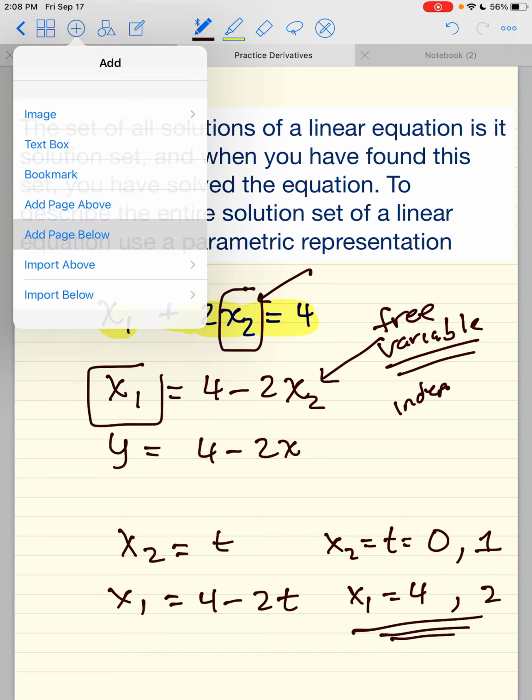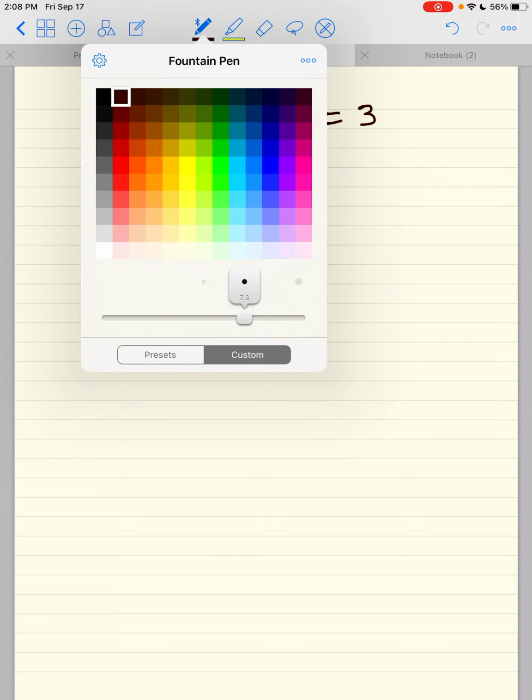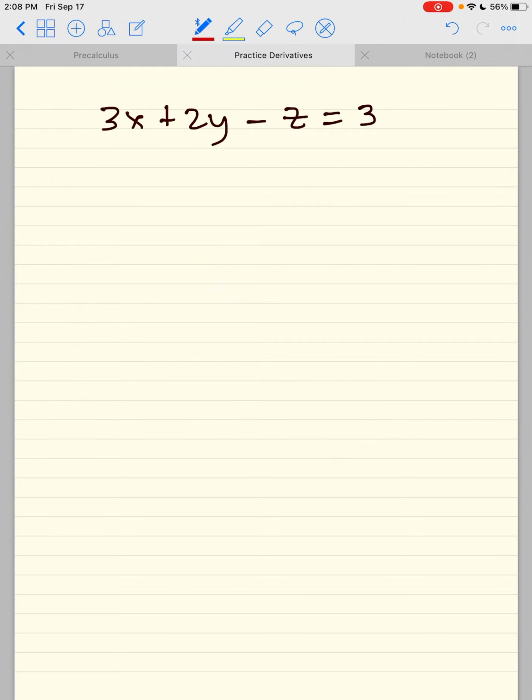Some of you might say, well, what if we had 3 variables, like 3x plus 2y minus z equals 3? Well, what you're going to do in this case is move 2 of the variables to the other side. So I'm just going to move these 2, minus 2y minus z.